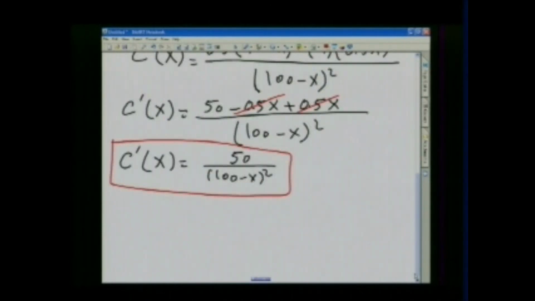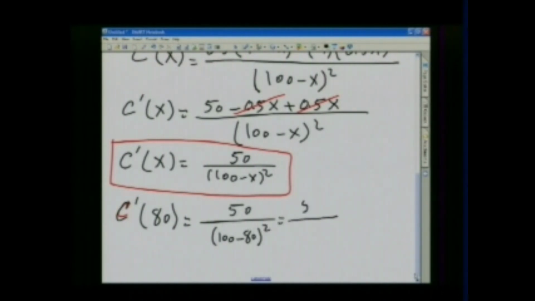Now, if we want to find C prime of 80, that means 50 divided by 100 minus 80 squared. That is 50 divided by 20 squared, which is 50 divided by 400.